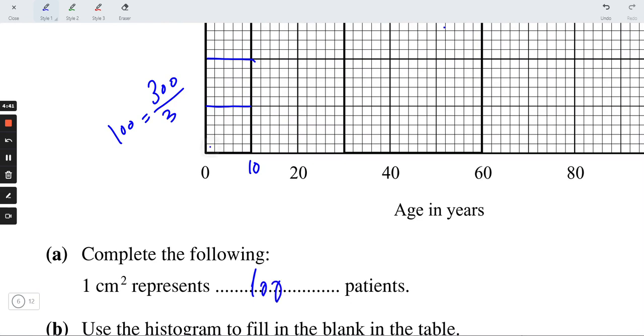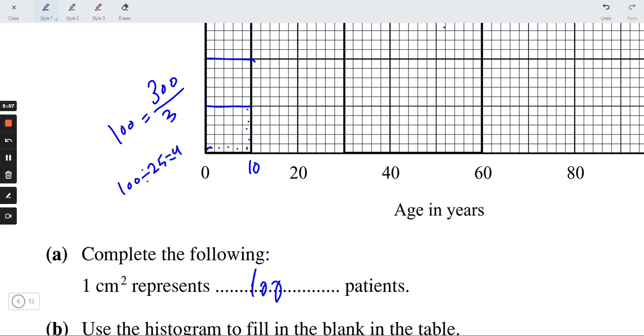If you are counting here 1, 2, 3, 4, 5, 1, 2, 3, 4, 5, 5 times 5 is 25. So each small square represents 4. So 100 divided by 25 equals 4.